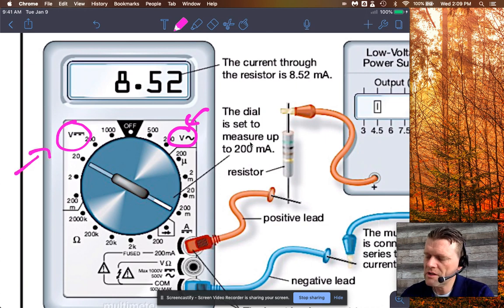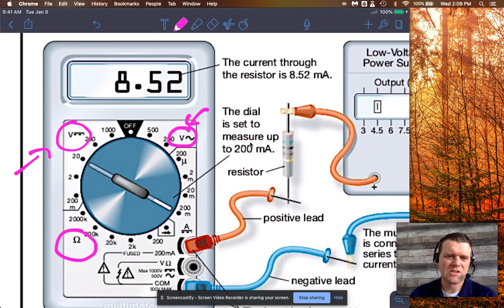This one here is DC volts. There's the Greek letter omega, so that's ohms. And here is amps, which is current. And there is this little guy right here. I think that's a continuity measure, meaning if you hook that up to your probes, you can tell if there's a complete circuit or not. Anyways, multimeters are super handy.